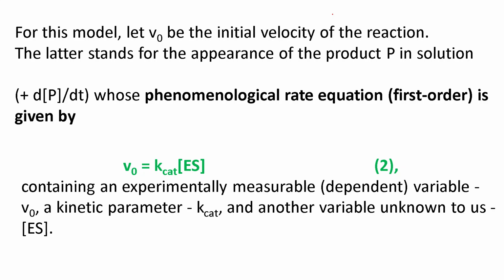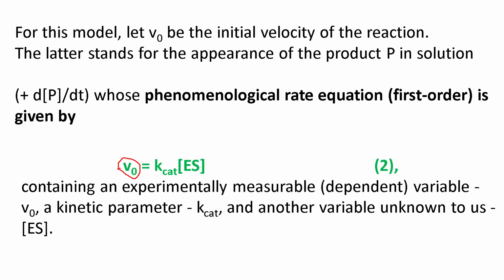Now, containing an experimental measurable dependent variable V0, we can measure this in the experiment. We can measure the rate of reaction. That's our V0. We can always measure our V0 because, remember, V0 measures the rate at which product is formed.